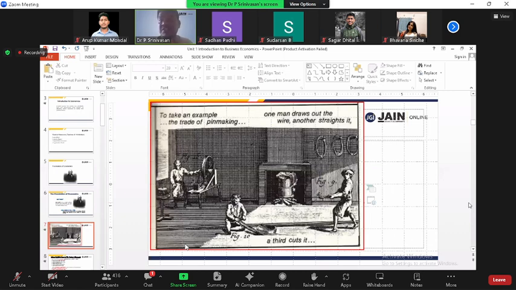Division of labor is based on different specializations, as I told you, to save time and achieve efficiency and productivity. In 1776 he gave the pin making industry example. One person is stretching the wire, one person is cutting, one person is sharpening. So the concept of divide and work was introduced; this is one example.